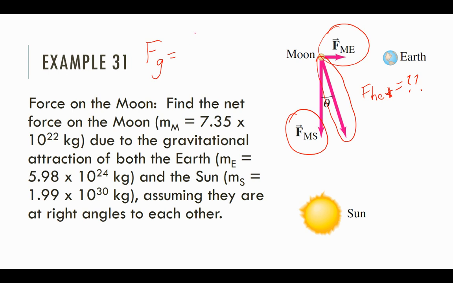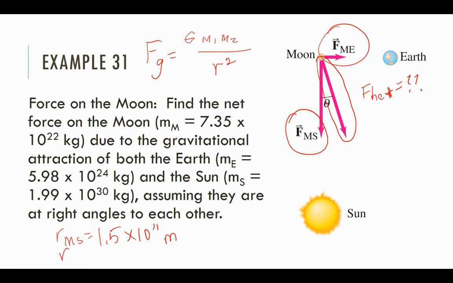So remember, force of gravity is G m1 m2 all over r squared. What we're missing from this problem is the r values. The r value, the distance from the moon to the sun, which you don't have given in here, is 1.5 times 10 to the 11th meters.